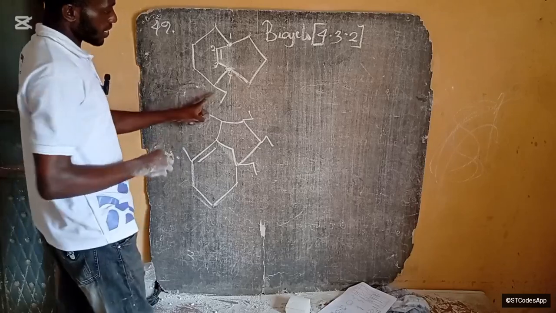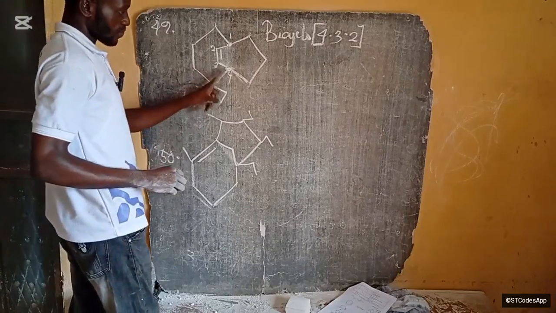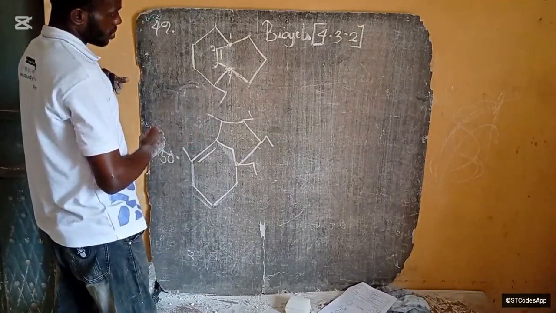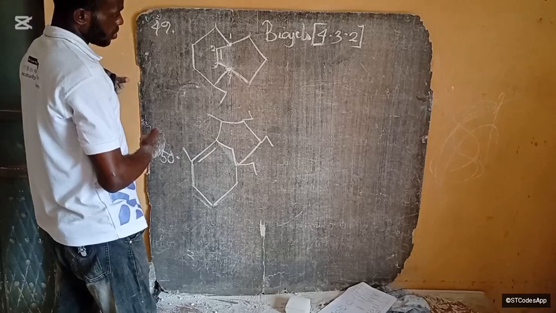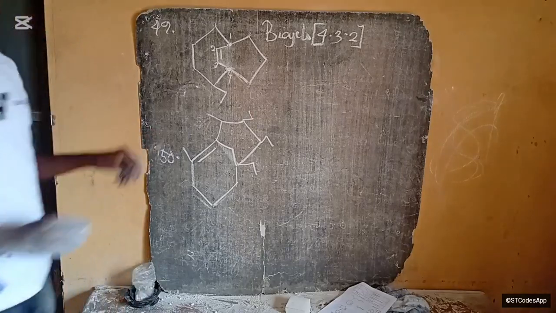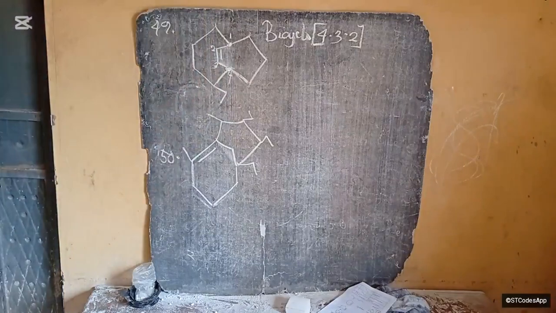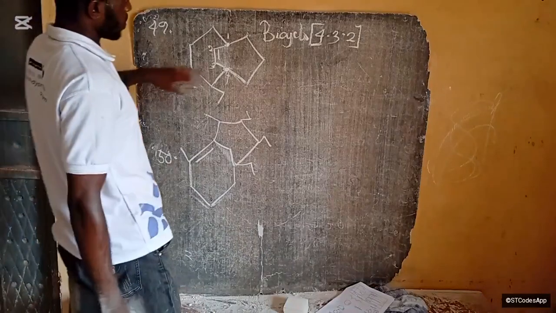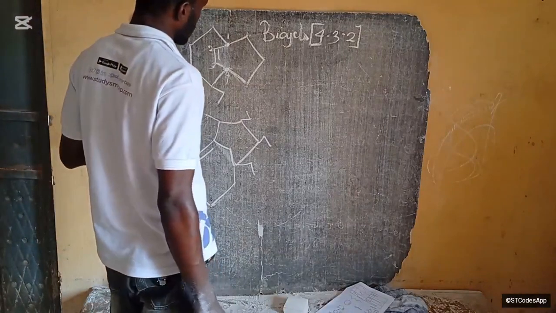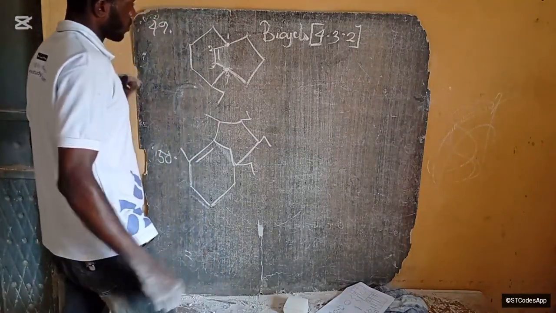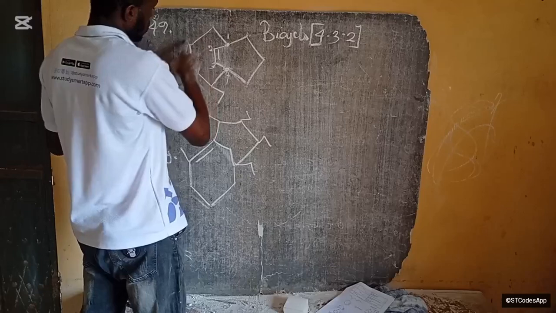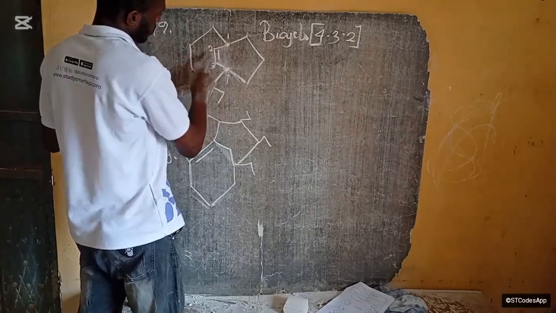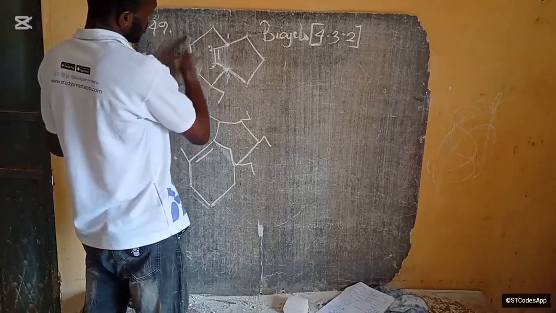Is that okay? Now there is a substituent here too. Oh, sorry. Let's do that again. So it has to be in descending order, right? Okay. So we have 1, 2, 3, 4. We have 1, 2, 3, 4, 5, 6, 7, 8.